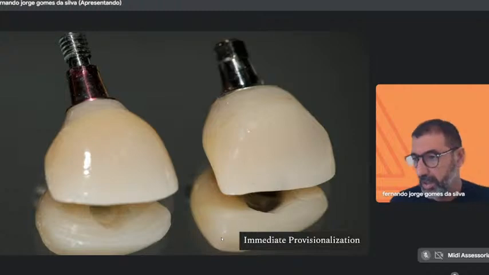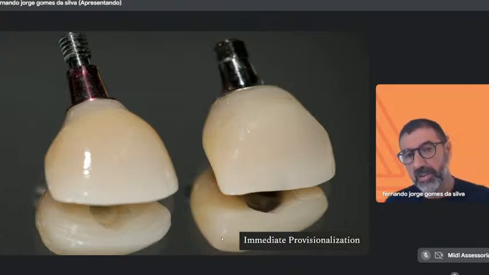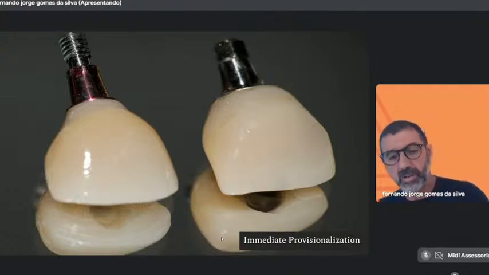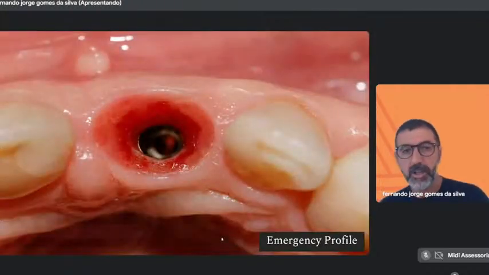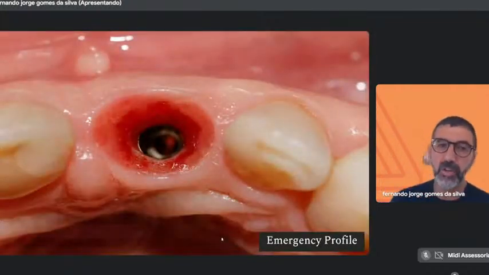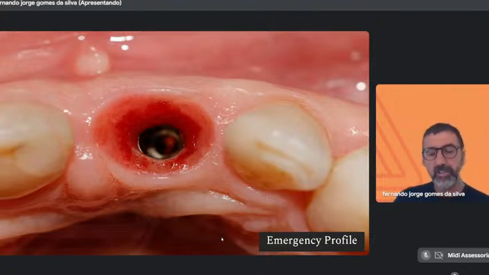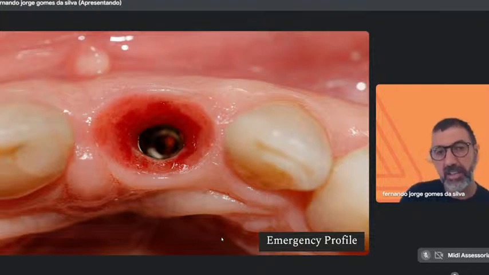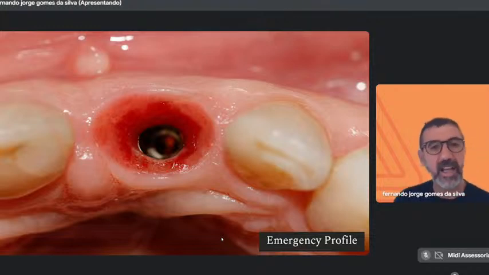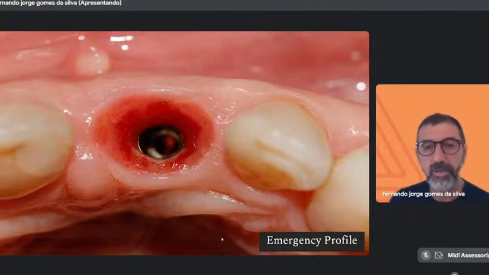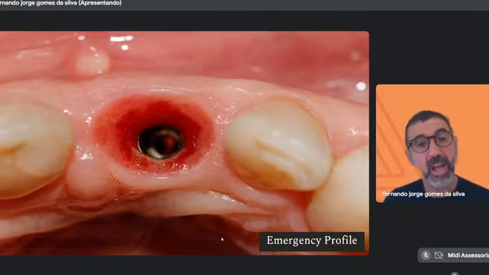As you see, they are very similar in shape, because one is a consequence of the other. The importance of a provisional crown is that kind of emergence profile. It passes from disorganized soft tissue to that kind of organization, a beautiful emergence profile with papillae well defined and very healthy, as you see.